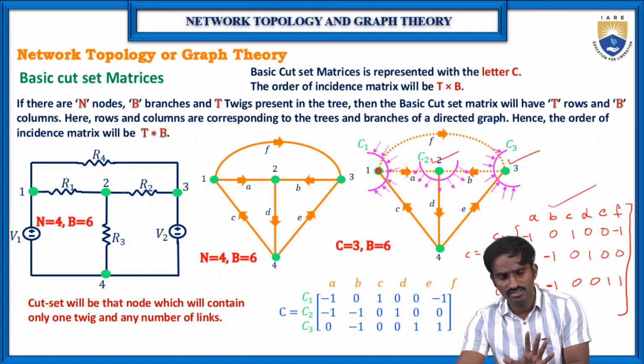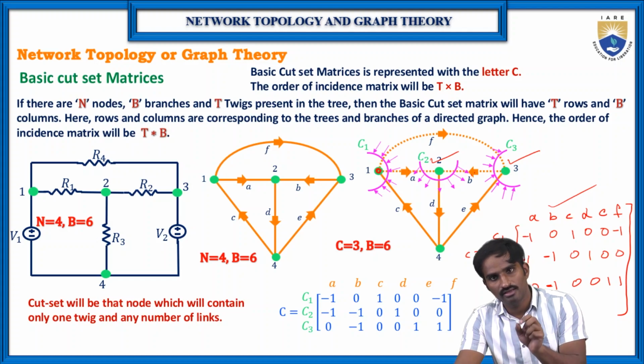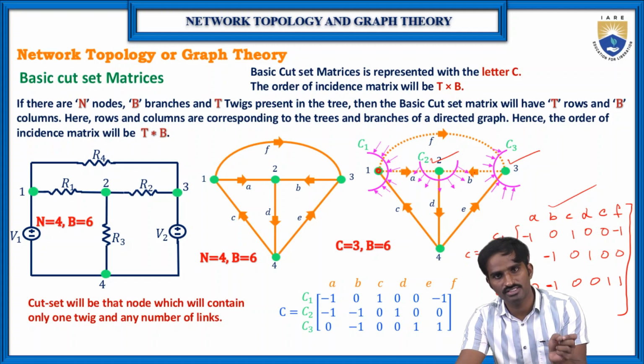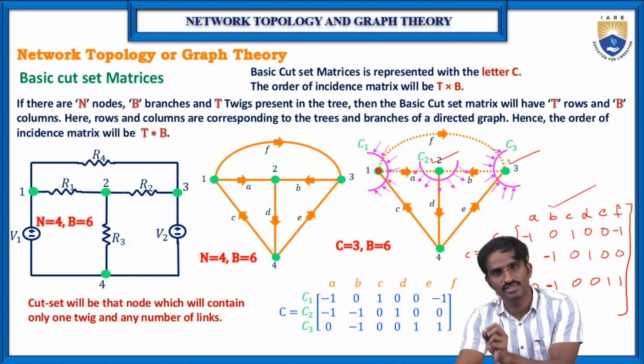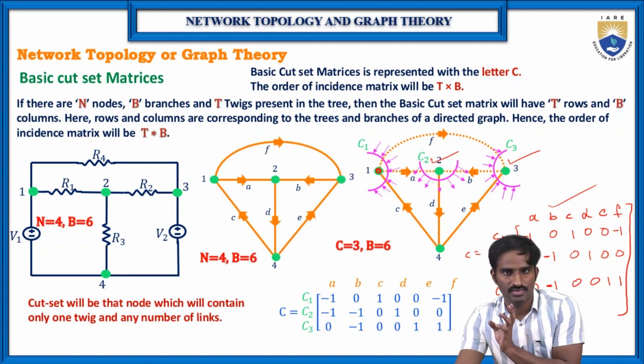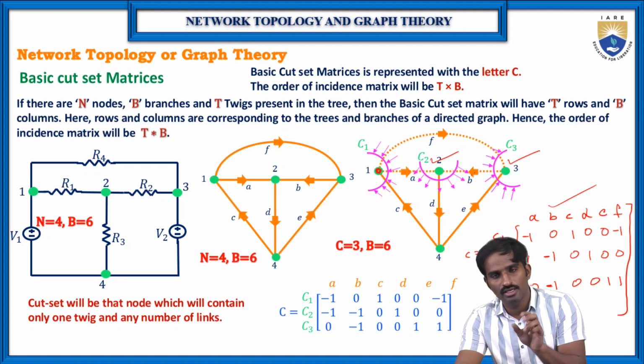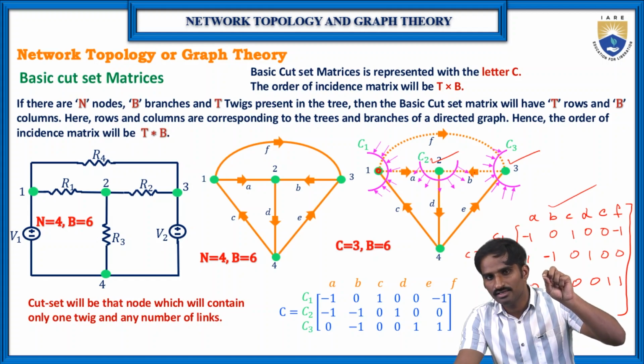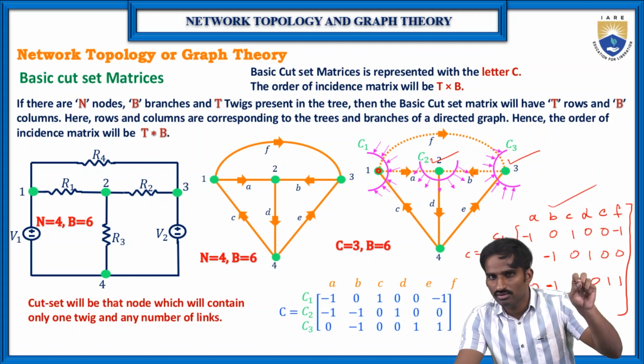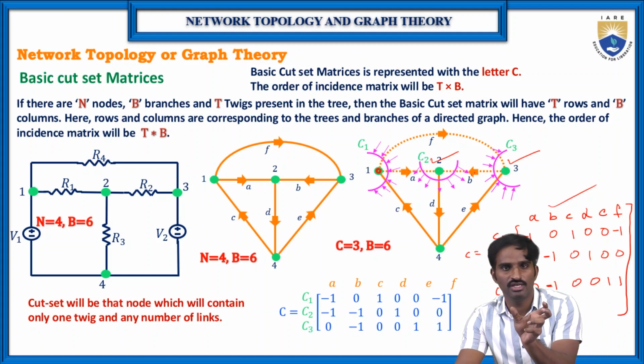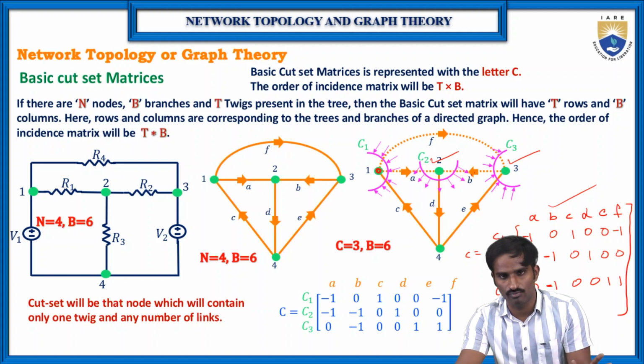As you can see, in the first case it is with respect to the node, in the second case it is with respect to the link, and in the third case it is with respect to the cut set. In the first case, the branches connected to that particular node are written as 1, the others 0.